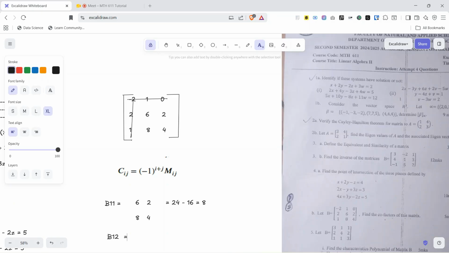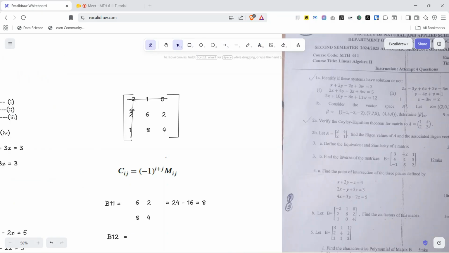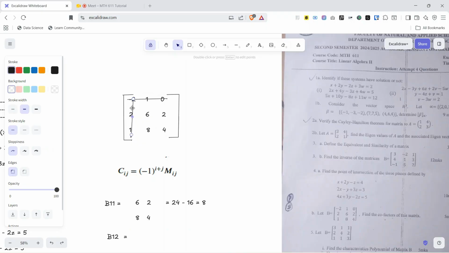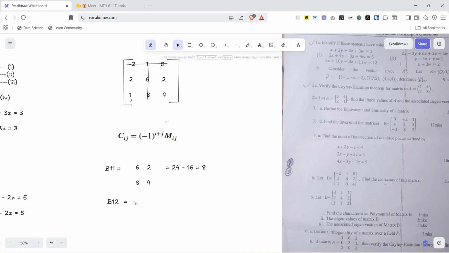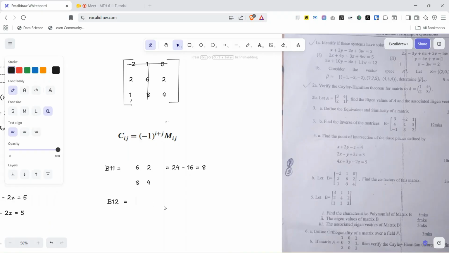Then B12. So B12 will be this now: 2, 2, 1, 4.